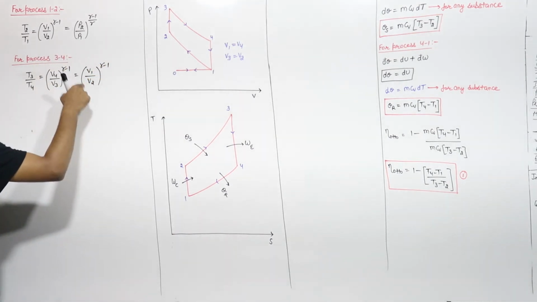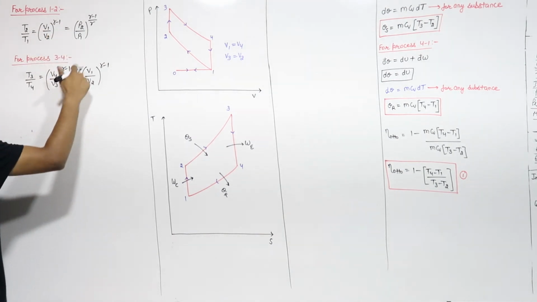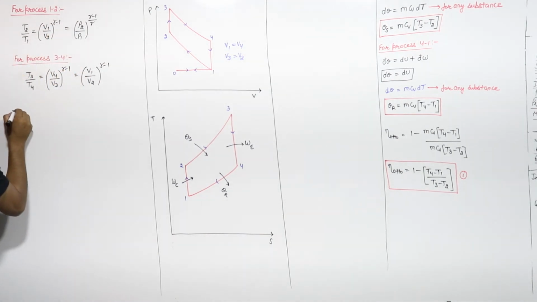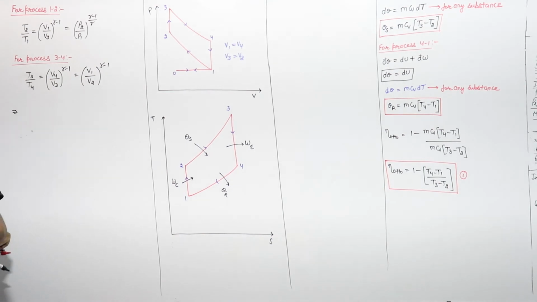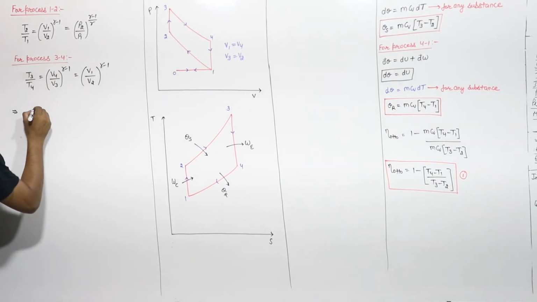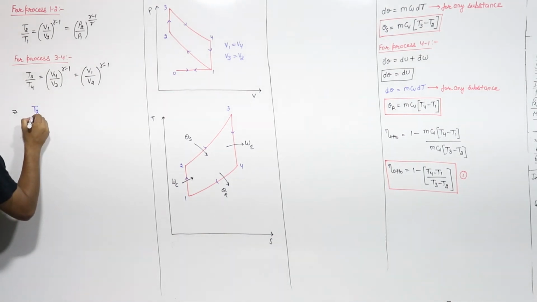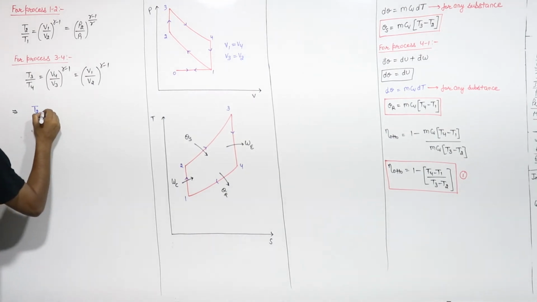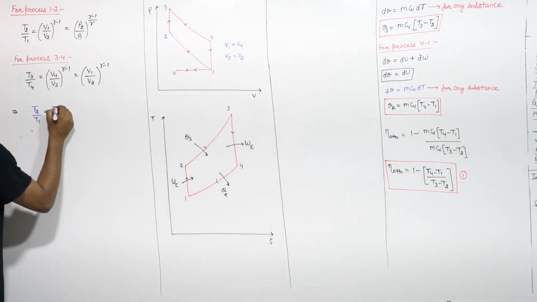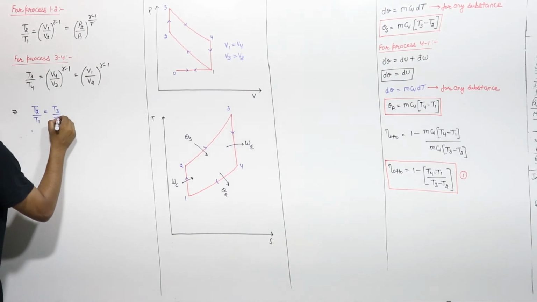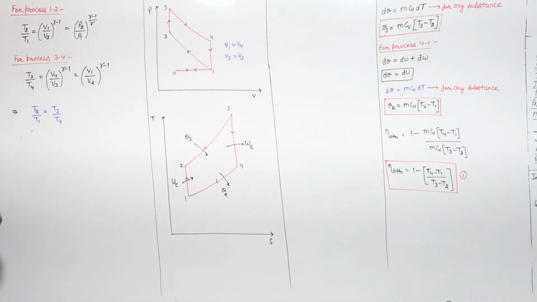From these two relations, the right hand side is the same, so the left hand side will be the same. So we get T2 by T1 will be equal to T3 by T4.